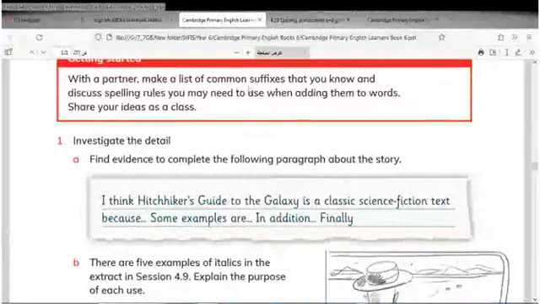Now, some suffixes which we know. A suffix is a letter or group of letters which comes after the root word in order to give a new function. So when you say suffixes, you are talking about those letters after the root word, like ed, for example, for the past tense, ing for the verb or present participle.